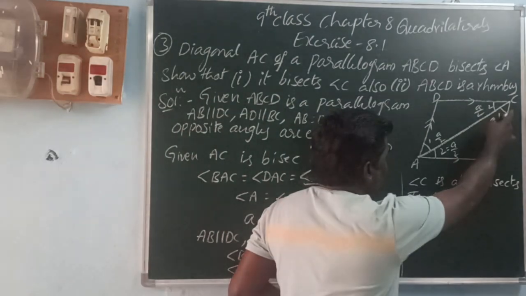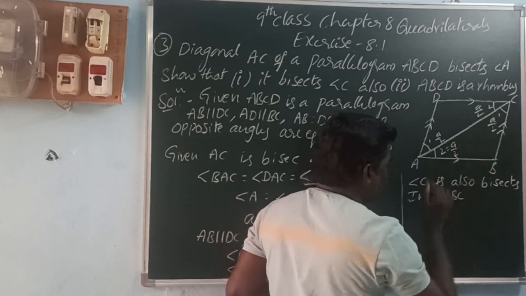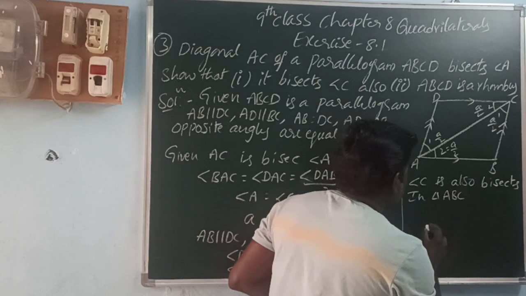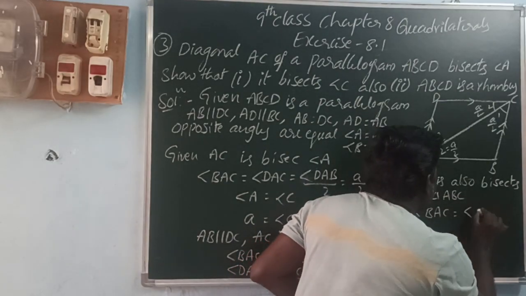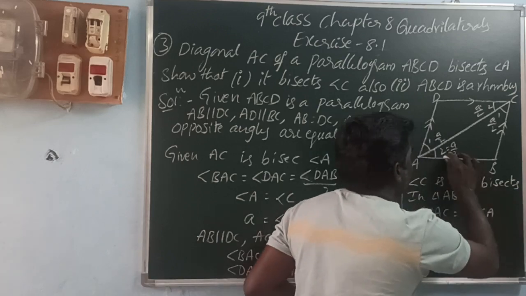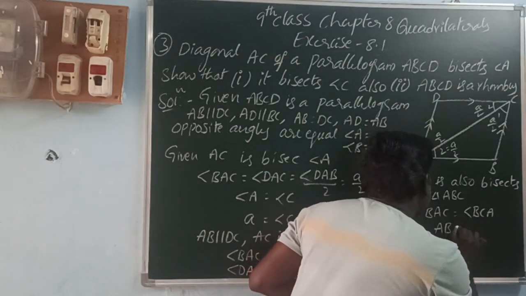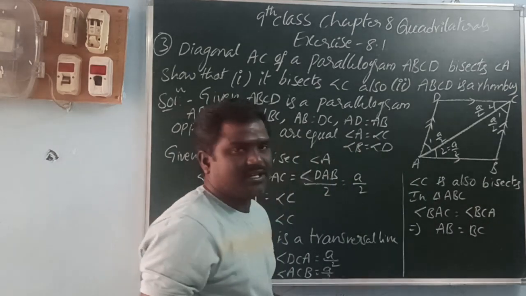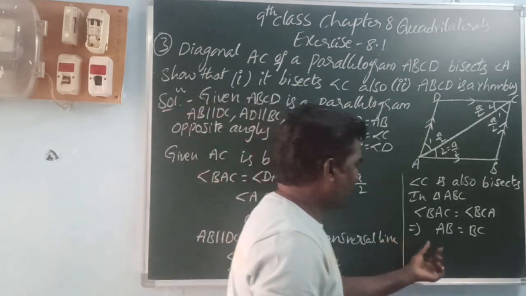For this angle it is the opposite side, and for this angle it is the opposite side. So in triangle ABC, angle BAC is equal to angle BCA. Then we know that AB is equal to BC by using the isosceles triangle property.